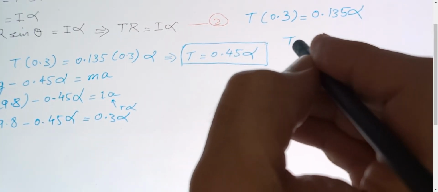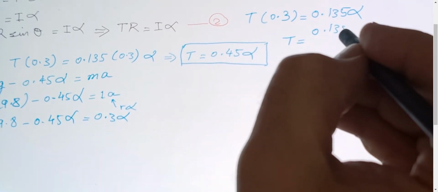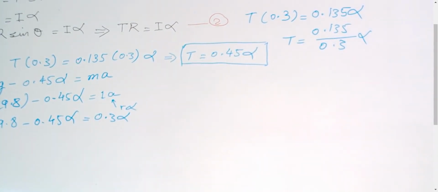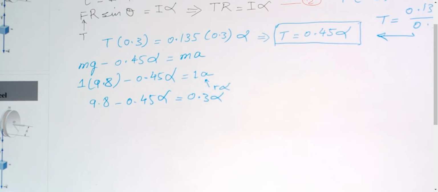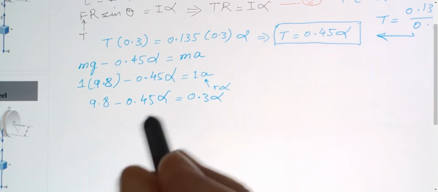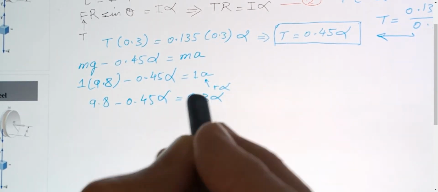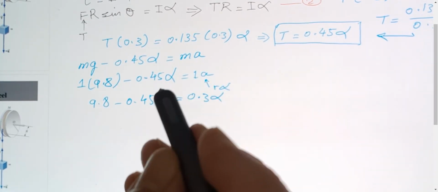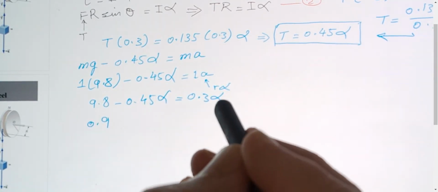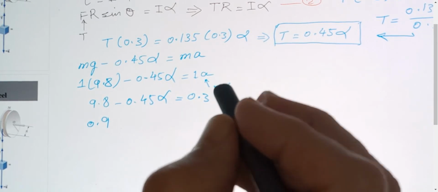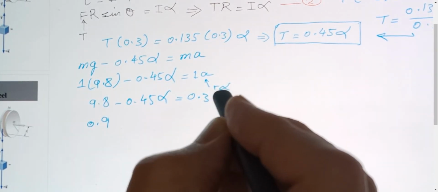So what's this? So T is 0.135 divided by 0.3 alpha, اللي هي هاي. طيب, I continue. I have this equation. I continue solving. So it will be 0.9. Here we miss R. We have R alpha.